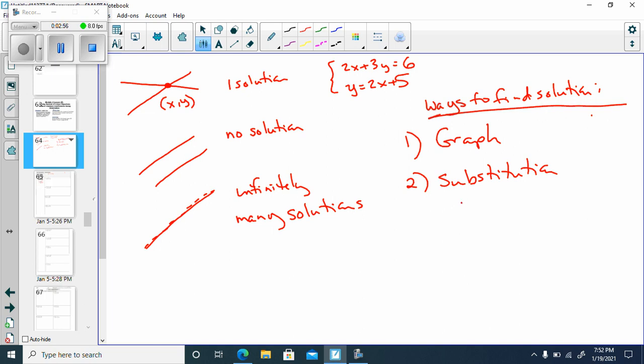For instance, if you've got y is equal to 2x plus 1, and you've got x plus y equals 8, then I could plug this 2x plus 1 in for the y. That would be substitution. Find your x, then plug it into one of the equations to get your y. And then the other way, which we talked about in our last lesson, is elimination. That's where we get rid of one of the variables.